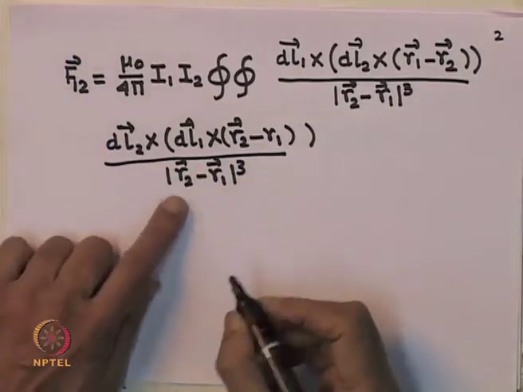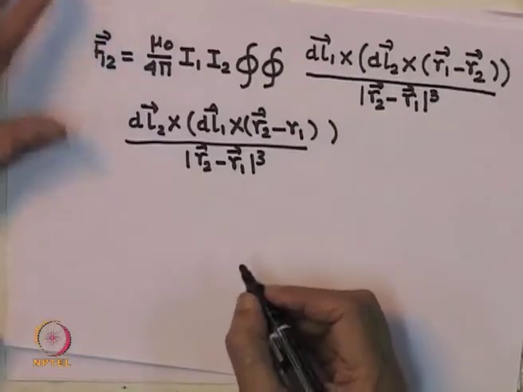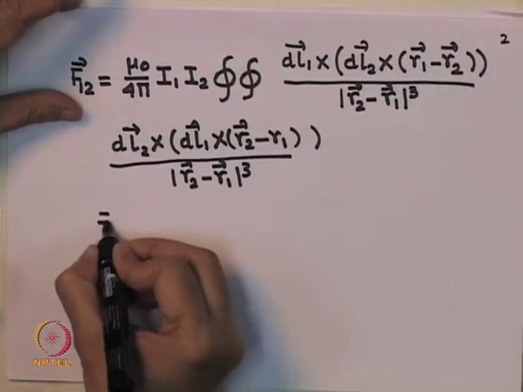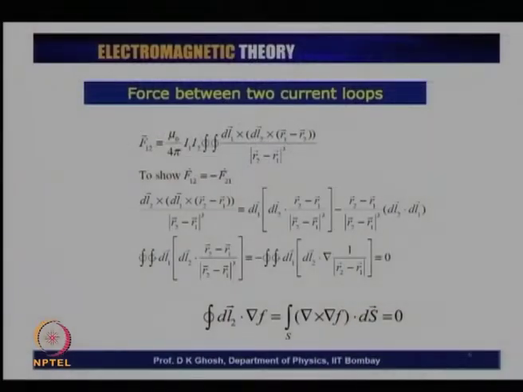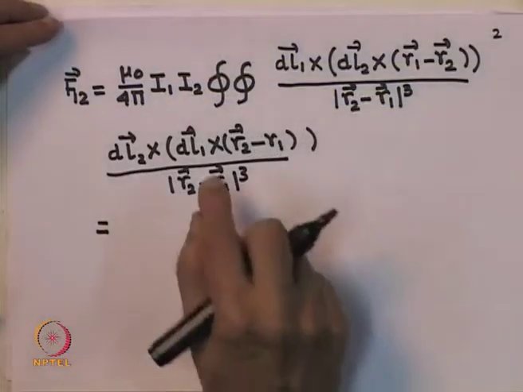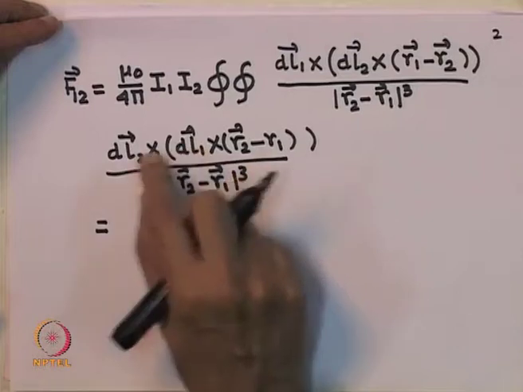And I have already told you this denominator I do not need to change actually, but on the numerator I will use what is known as the A cross B cross C formula. Now, what is the A cross B cross C formula? As you know, it is B (A dot C) minus C (A dot B).